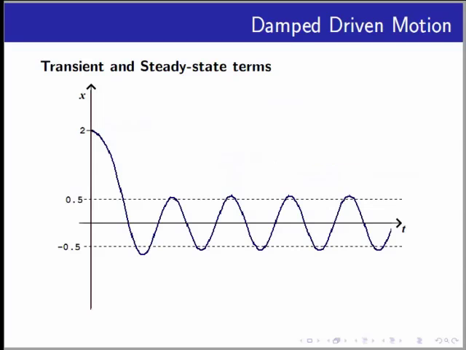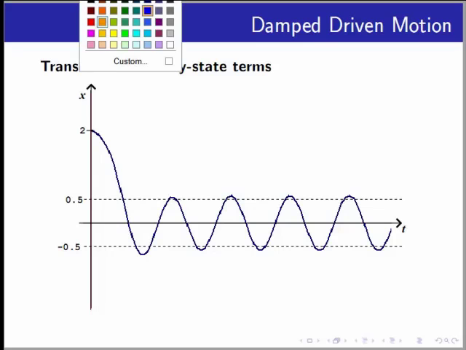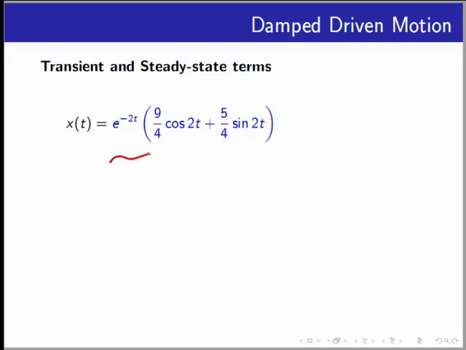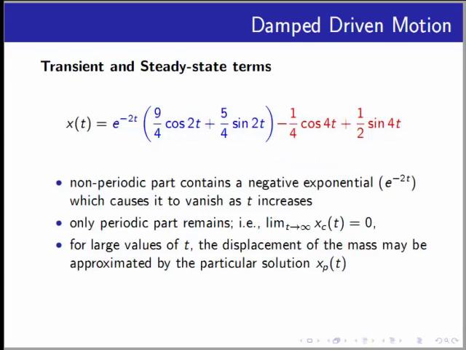We have also looked at the graph of the solution, and we can see that there is one portion of it which quickly dies down, right? This is the part that comes down, and then there's another part which continues in an oscillatory manner. In fact, if we examine the solution carefully, one part has an e^(-2t) component, the negative exponential multiplied by some cosine and sine.